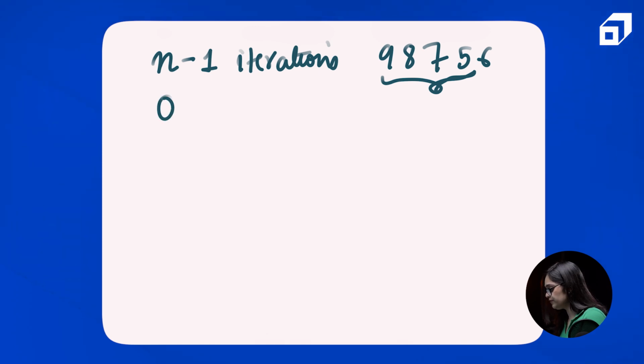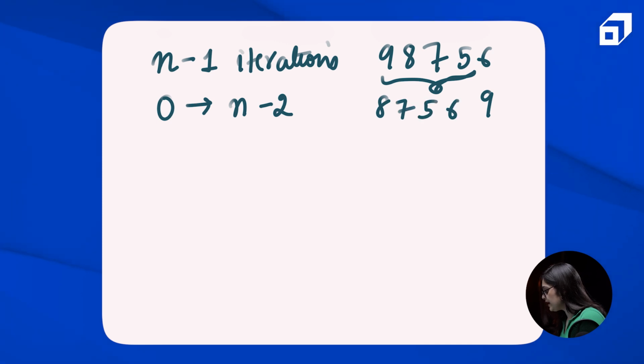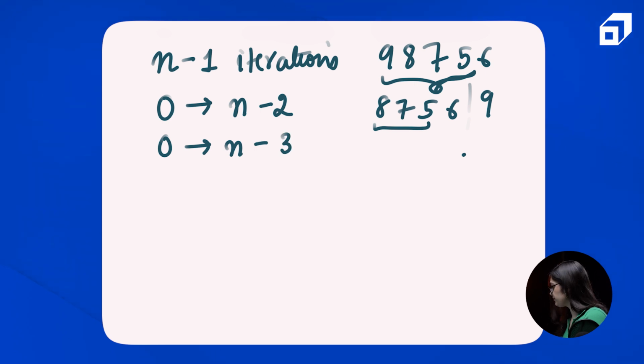So for the first time, our loop was going from 0 to n minus 2. When we were doing it the second time, the 9 was already sorted. We had 8, 7, 5, 6 here. So we had to compare the first 3 elements with their next elements. So the next time, our loop went from 0 to n minus 3.